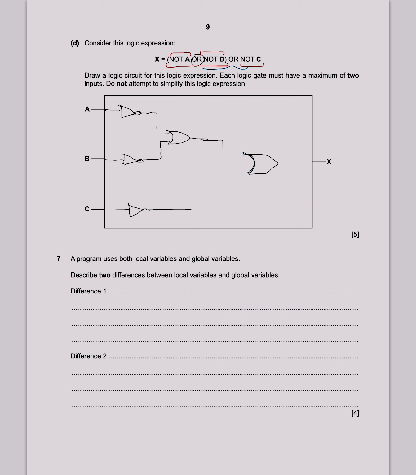The output from our first part of the expression goes in, the output from our second part of the expression goes into that OR gate, and then that goes into the output X. And that's it. So what the examiner will be looking for is 1, 2, 3, 4, 5 correct gates for those 5 marks that are available there.